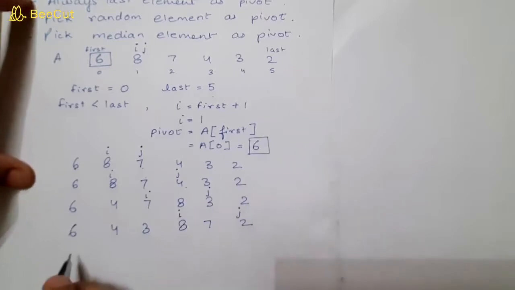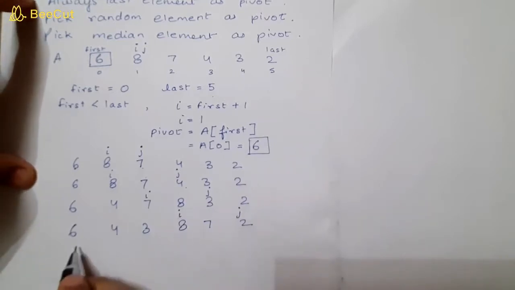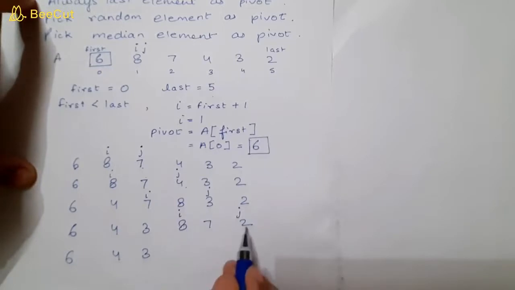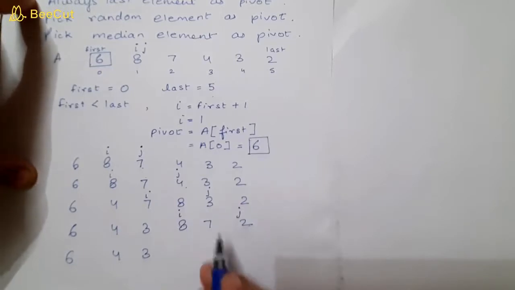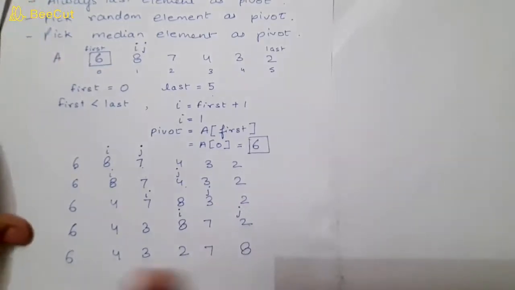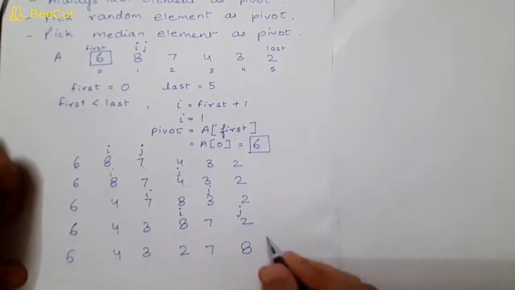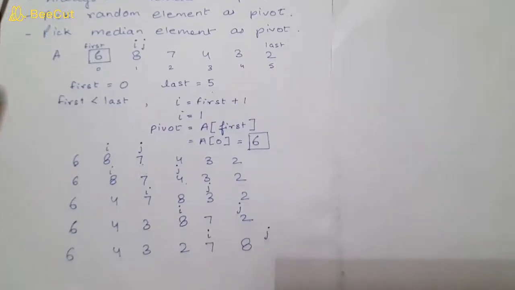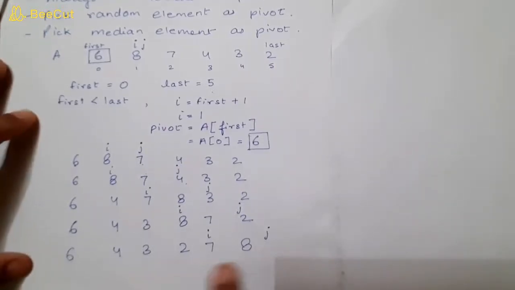Now we'll again compare 2 with 6. If 2 is smaller than 6, in that case, again I value will be swapped with a of j. So 2, 7, 8. Now j will be incremented and I will also be incremented because we have done swapping.